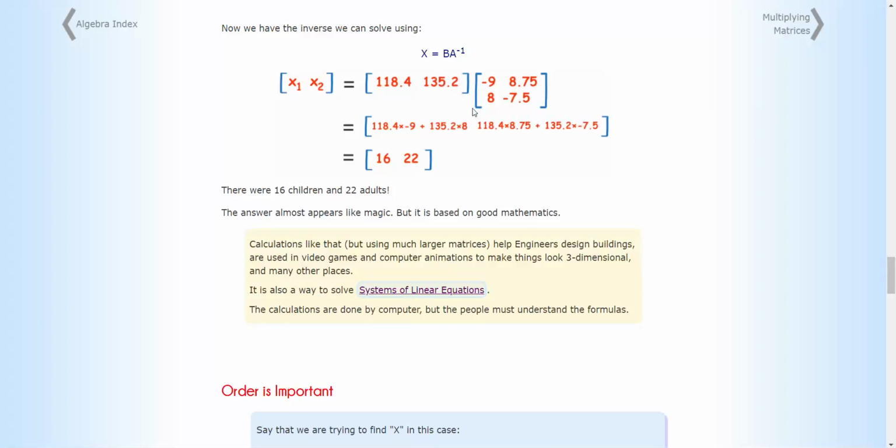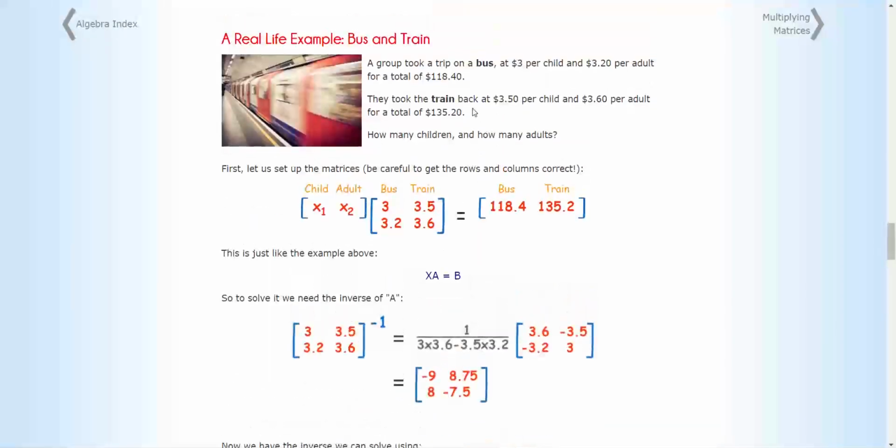But usually what you would want to do, if we try to solve this the traditional way, we would go like, so we have a bus, 3 per child and 3.2, so multiplied by x would equal 118.